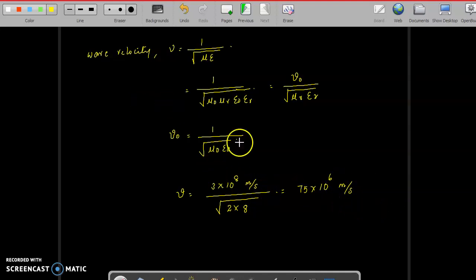So the wave velocity of this electromagnetic wave in a medium is much lesser than the light velocity. This formula we can use to connect with the phase velocity and the wavelength.